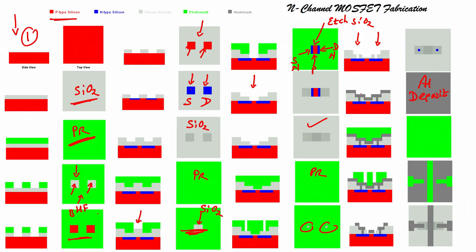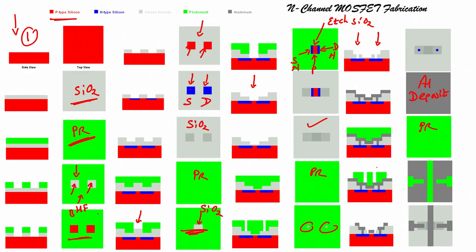When we deposit the metal, you can see it is covering all the area, source, drain as well as gate. Then you have to separate the source, gate and drain. That means source and gate should be separated, and gate and drain should be separated. To do that, you have to again spin coat photoresist and do the lithography, and then you can see there is a separation.